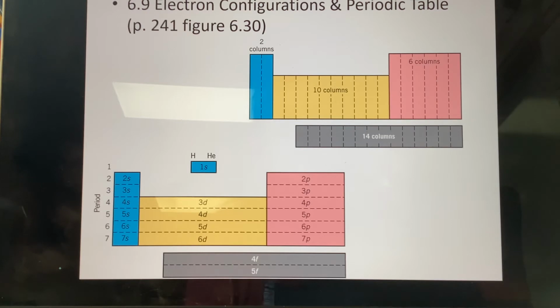So hydrogen is up at the very top left-hand corner, and its electron notation with only the 1 electron is 1s1. And then helium technically could be written right next to hydrogen on the periodic table, and it is, with its 2 electrons, just 1s2.